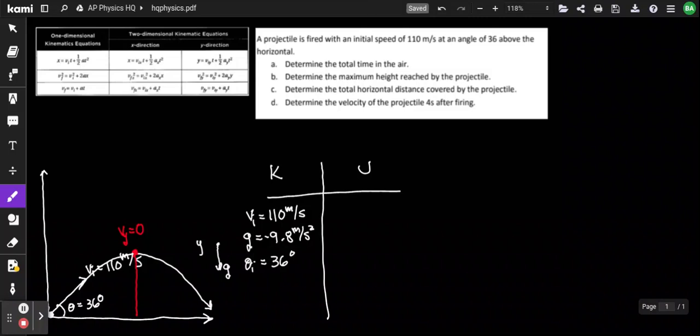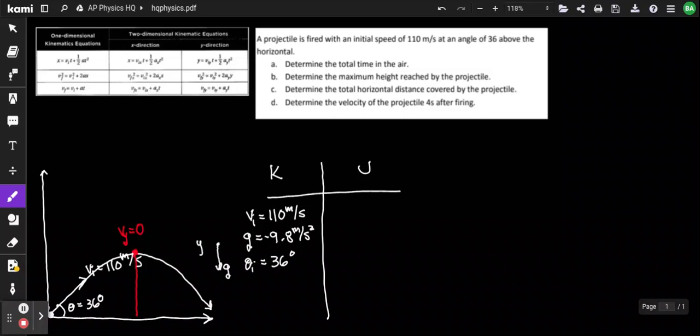Something important about kinematics is that the problems they give us, A, B, C, D, aren't necessarily the order we have to go in. We have to go in a way that we can use our information given to find other information in order to find parts A, B, C, and D. And in this case, right now we don't have enough information to find the total time in the air.